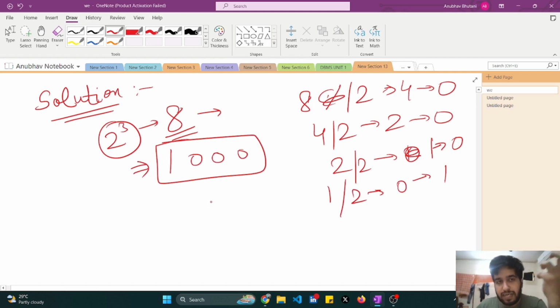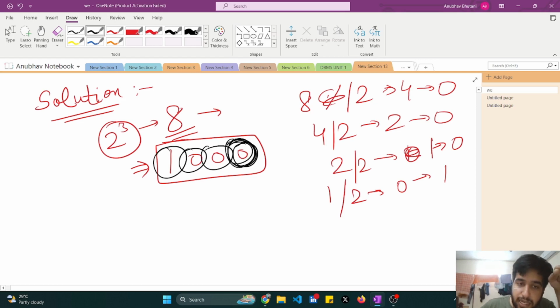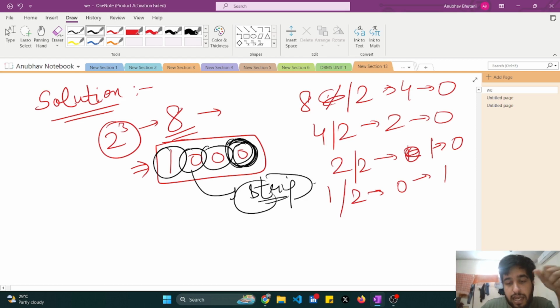One way to solve this problem is, you can simply extract each of these values and put them into a string, and then traverse the string.